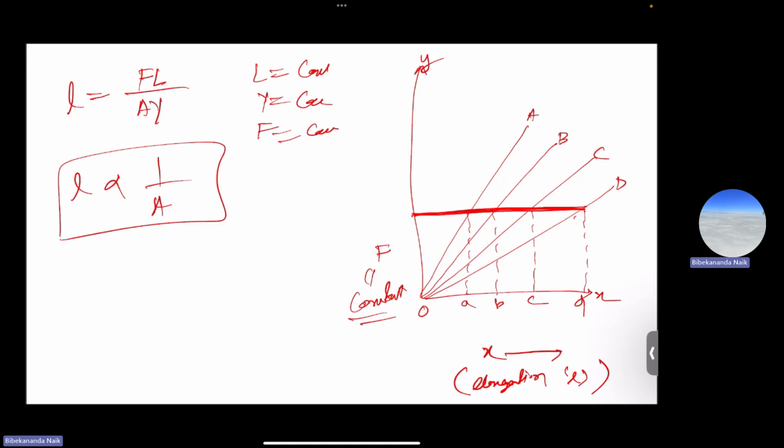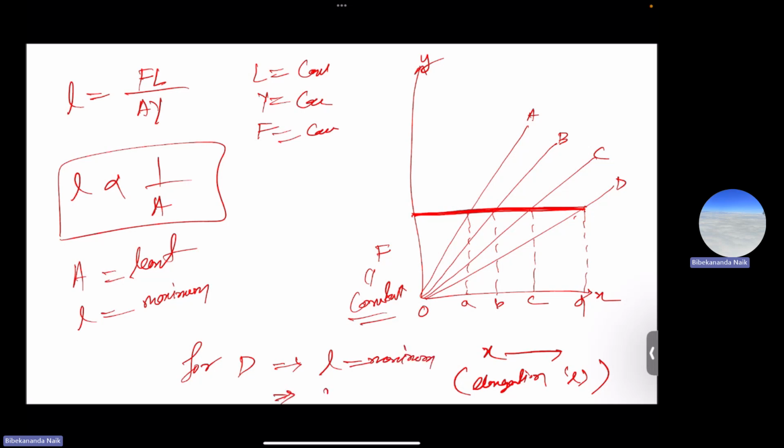We need to find out the wire having least area of cross section. The wire which has least area of cross section will have maximum elongation. So for area to be least, l should be maximum, and from the figure it is clear that for D, l is maximum, that implies A is minimum.